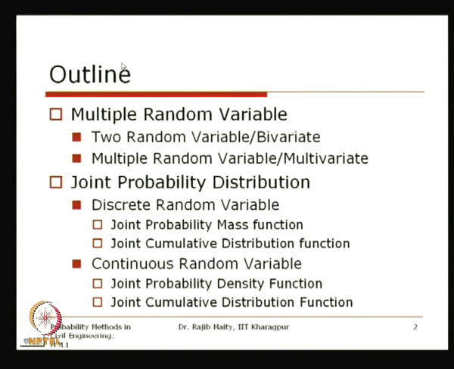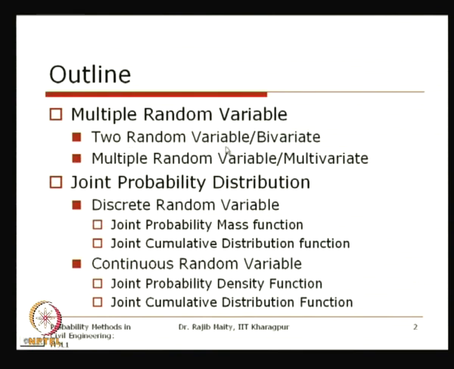So the outline of today's lecture is that first we will discuss multiple random variables. As I have told you, two random variables is very common, and in many cases we generally deal with two random variables.